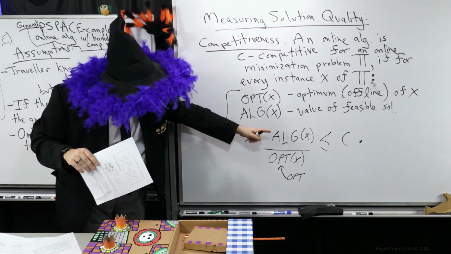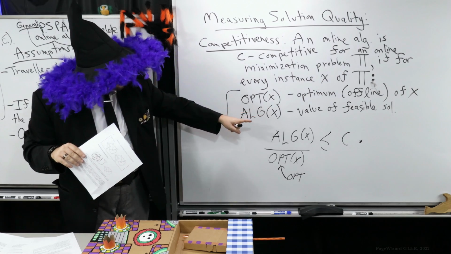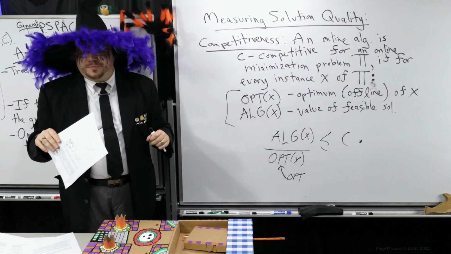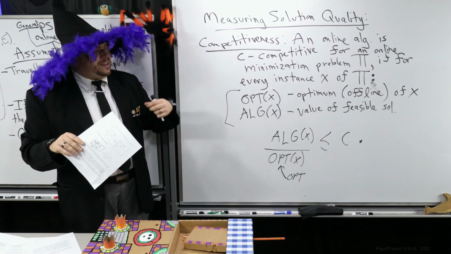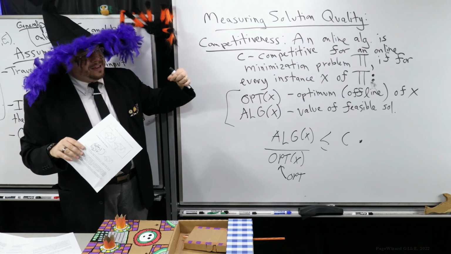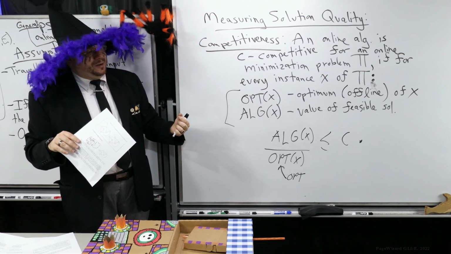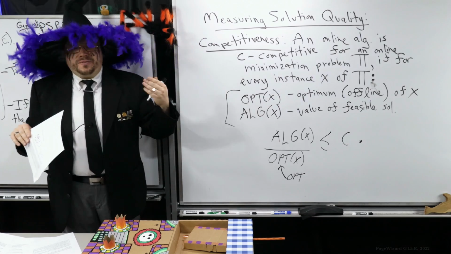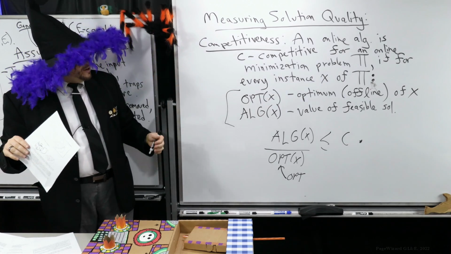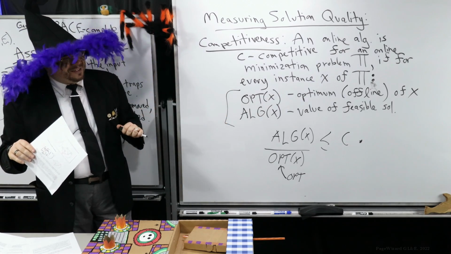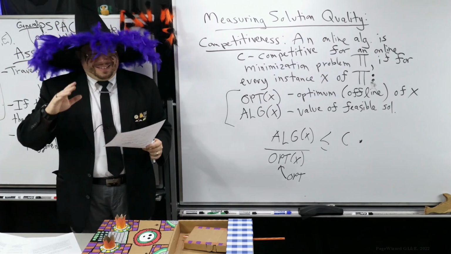You can just multiply both sides by opt of x, and you'd see that alg x is less than or equal to c times opt of x. So it means it can be no further away than a multiplicative value of c away from the optimal. So for those that are familiar with the idea of an approximation algorithm, this is very similar to that. Except it's a little different, right?